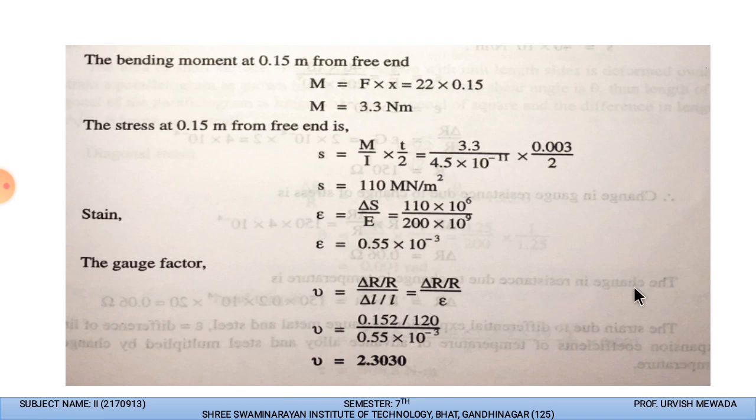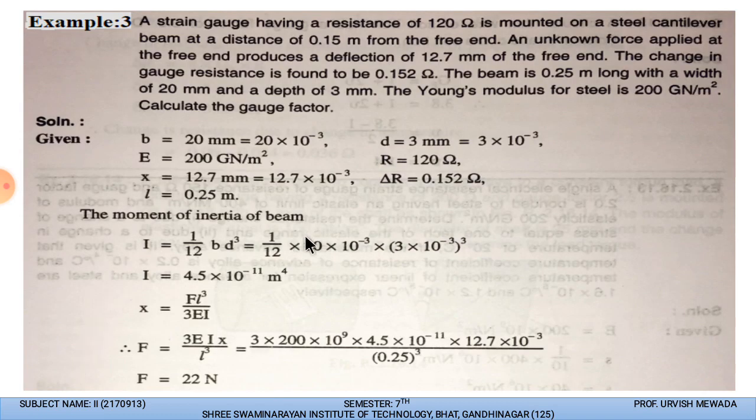So the bending moment at point 0.15 meter from the free end. So this is the point at which we need to check the bending moment. Let us check at this point what happened. So this is the gauge which is mounted on a steel cantilever beam at a distance of 0.15. So suppose this is the steel plate on which, at 0.15 meter, the strain gauge is pasted or mounted on the steel cantilever.